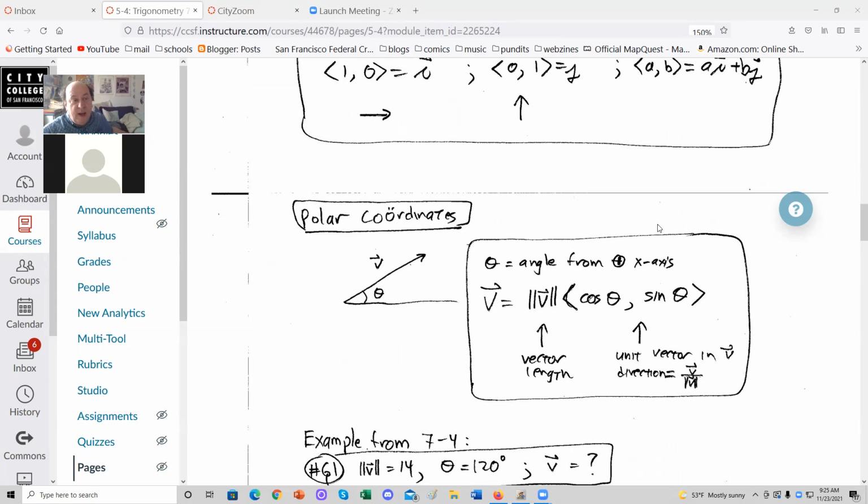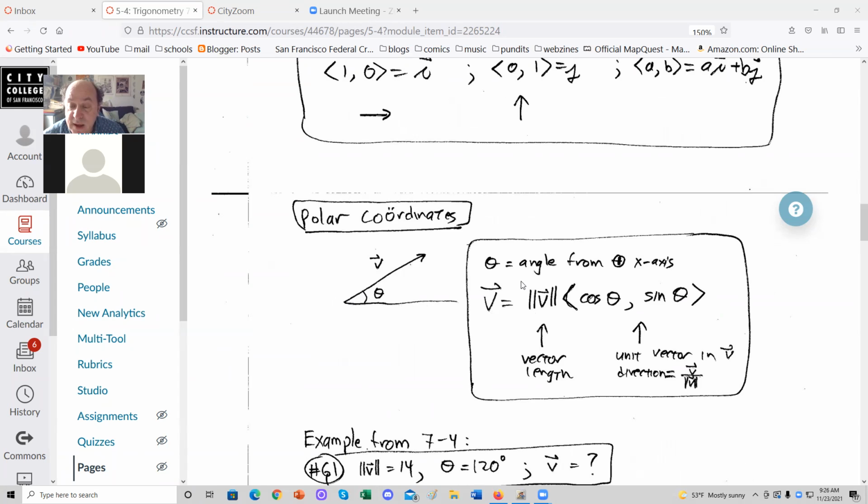There are also polar coordinates for vectors, as follows. So here we have a vector. It has a certain length, the length of v. It has an angle theta from the positive x-axis.